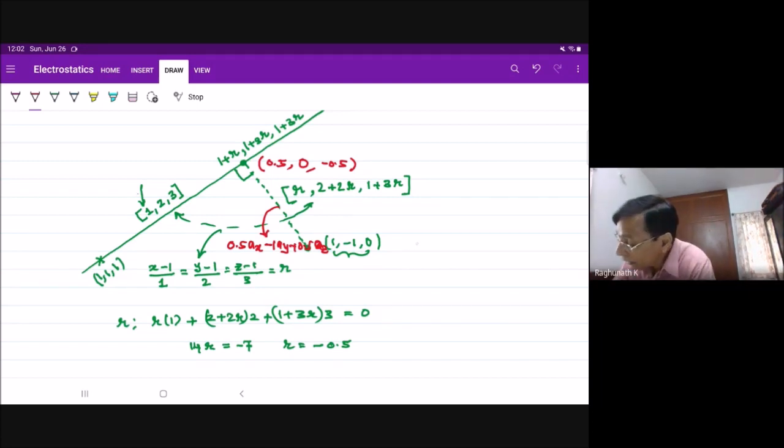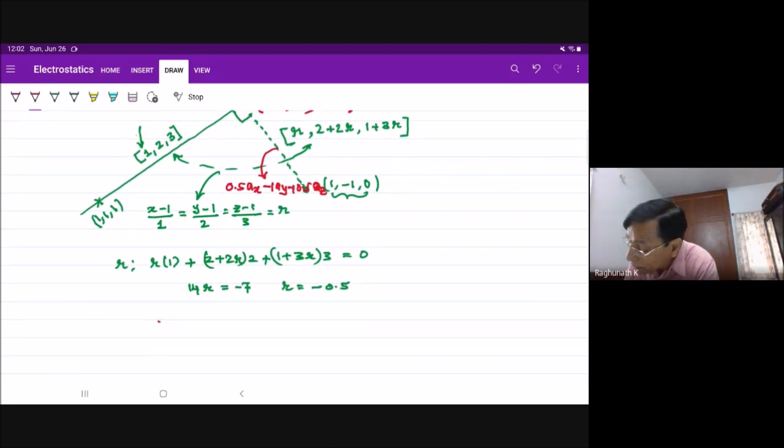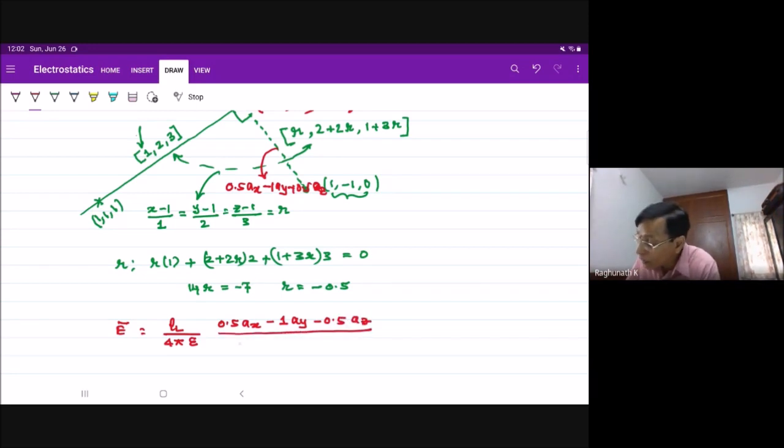The electric field intensity E bar is equal to rho L by 4 pi epsilon into 0.5 AX minus 1 AY minus 0.5 AZ by mod R whole squared.